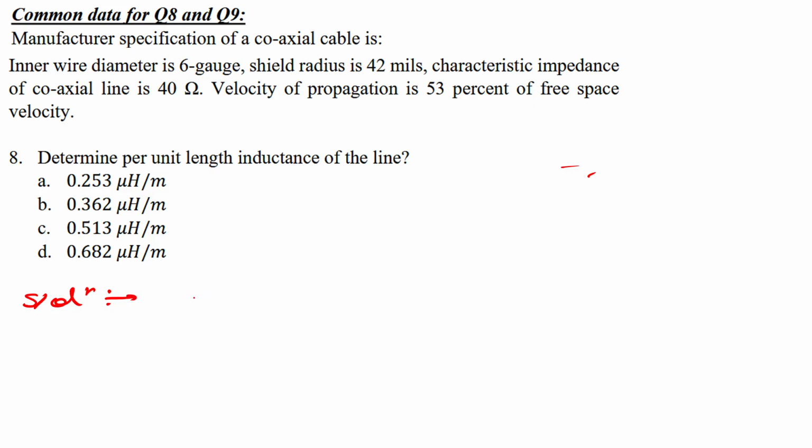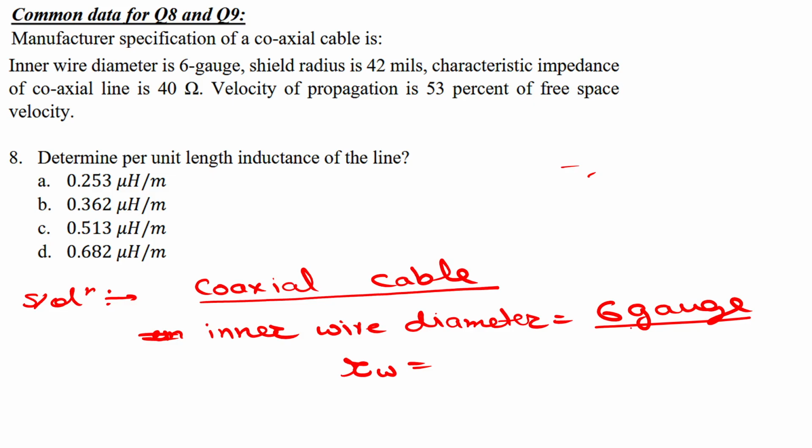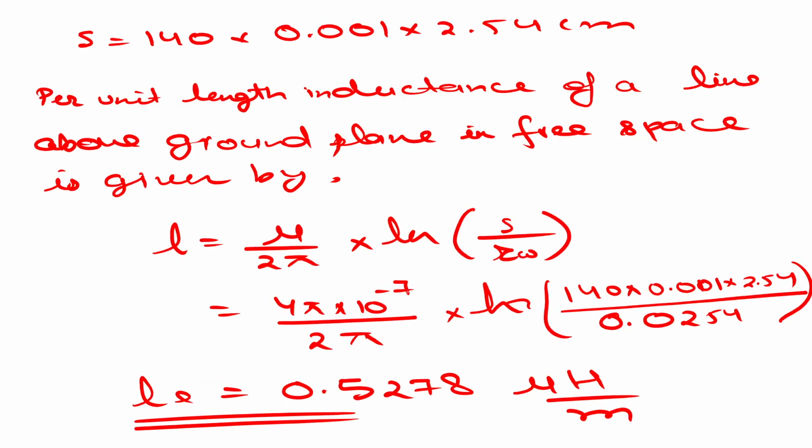In this problem, for this coaxial cable, the inner wire diameter is given as 6 gauge, so again I am taking this radius as 0.3 mm, like in the second problem where we took the same thing.